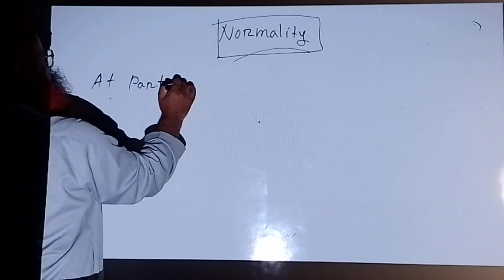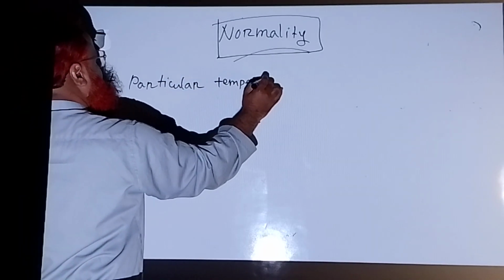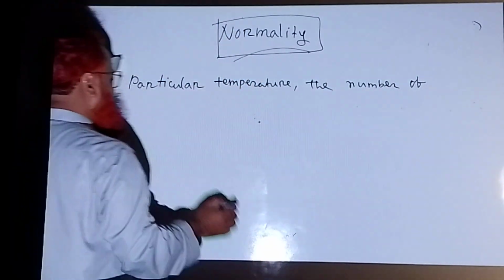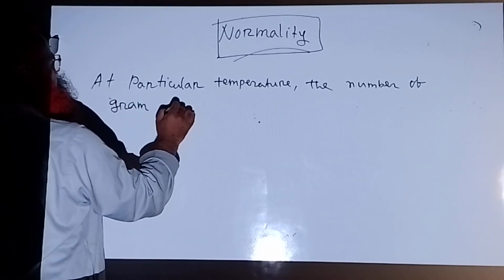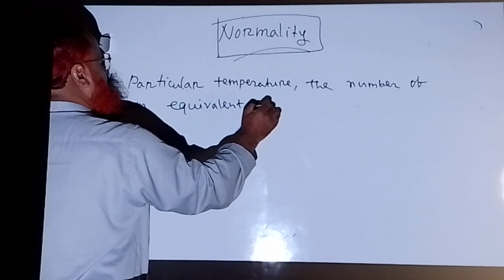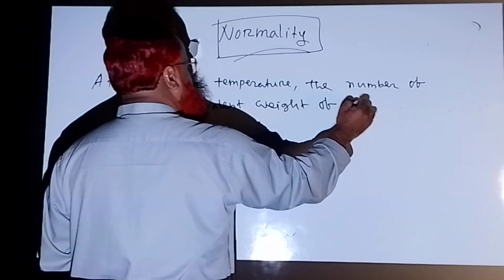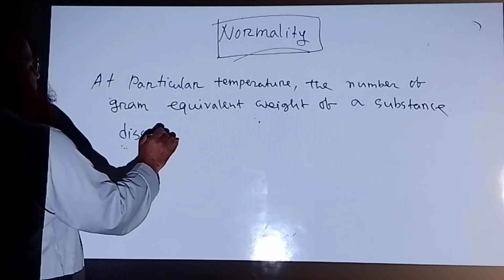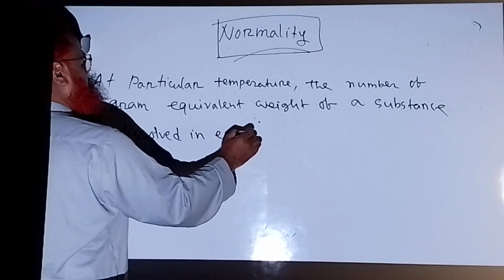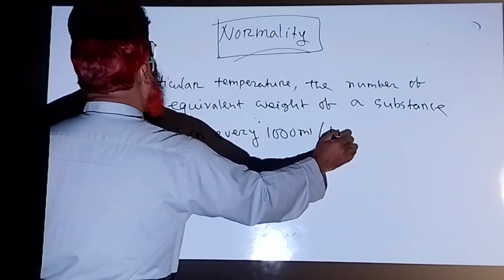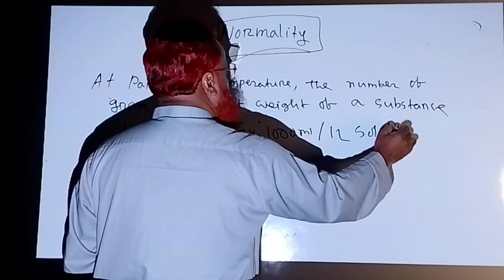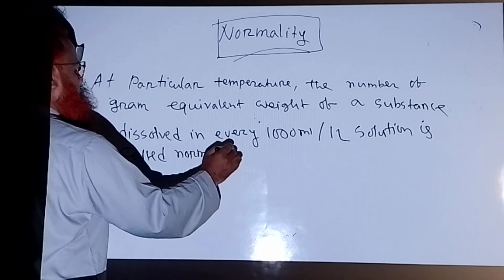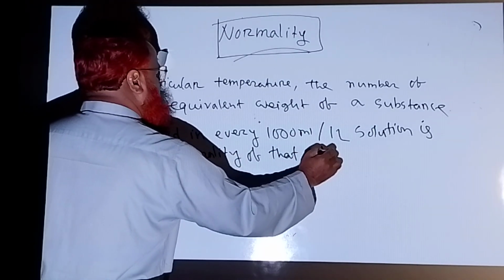At a particular temperature, the number of gram equivalent weight of a substance dissolved in every 1000 ml or 1 liter solution is called normality of that solution. Okay.